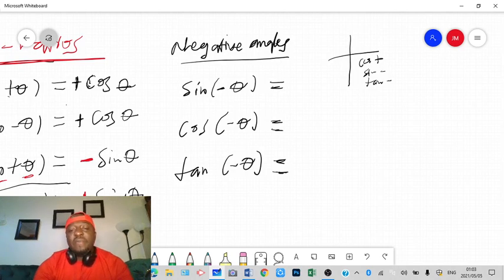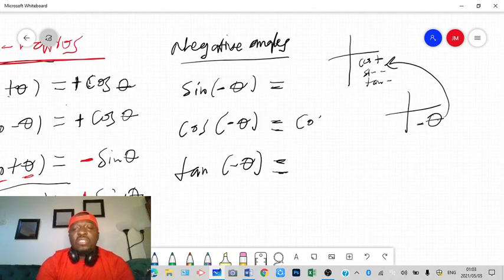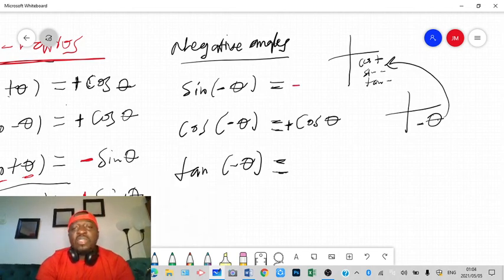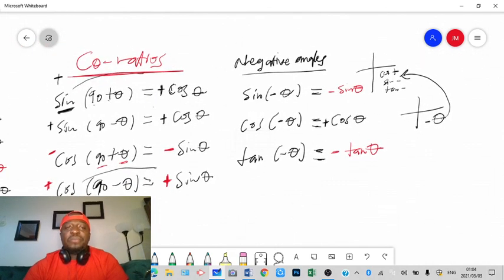So because I have my angle formed in the fourth quadrant as negative, it is only cos that is positive in that quadrant. So if I have cos of a negative angle, it will change to cos theta with a positive sign. The remaining two are going to be negative. So this is going to be negative sine theta, and this is going to be negative tan theta. All right. This is your negative angles.